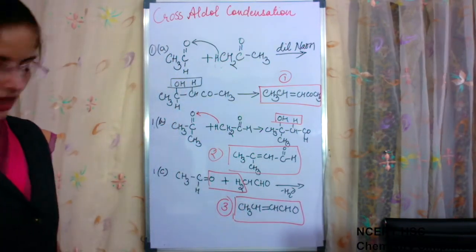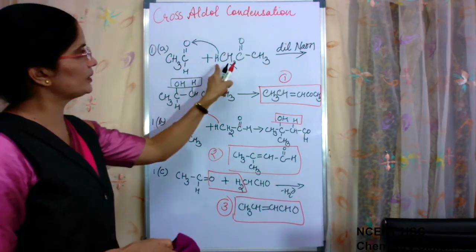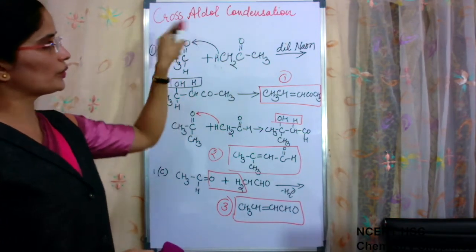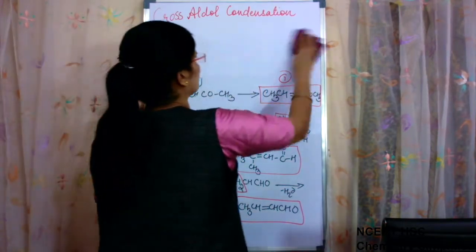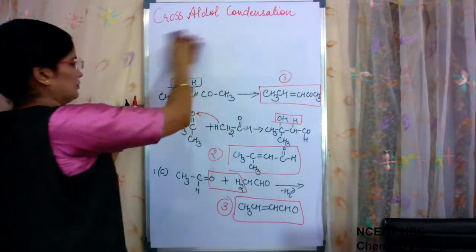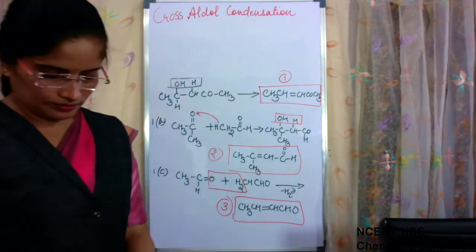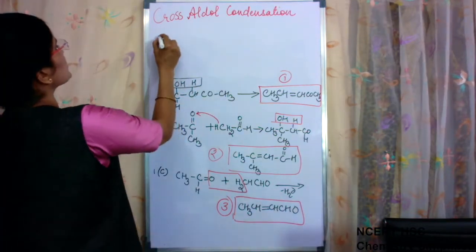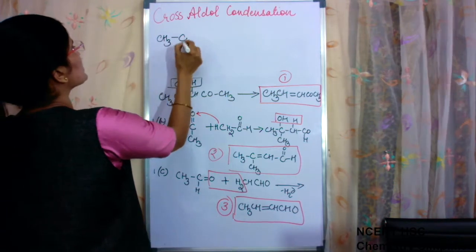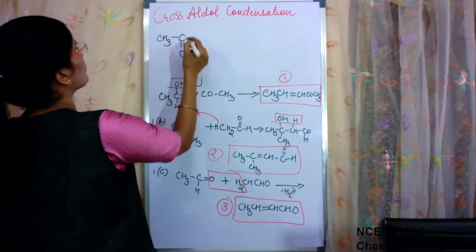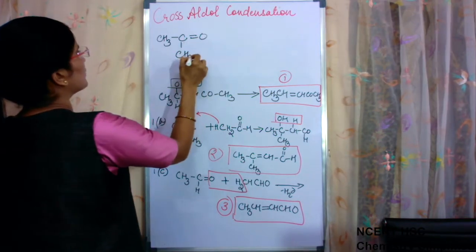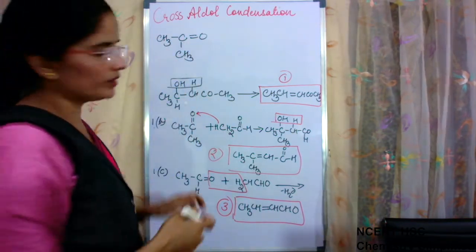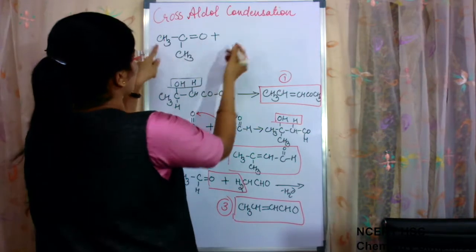Now I will write the fourth reaction, when these acetone molecules undergo self-condensation. CH3 C=O here and CH3 here. One ketone molecule reacting with another ketone.